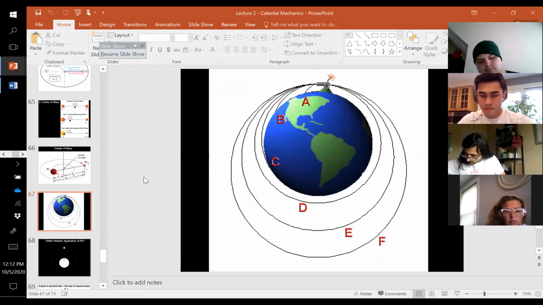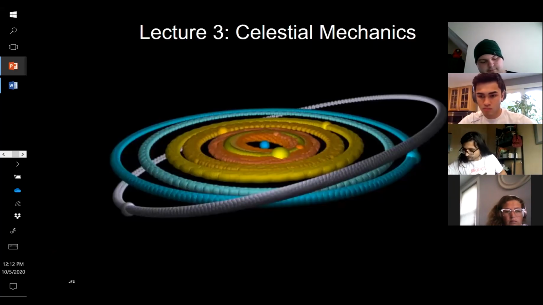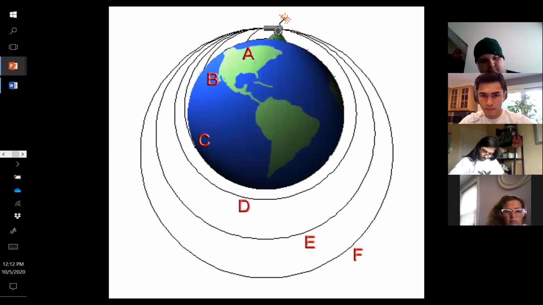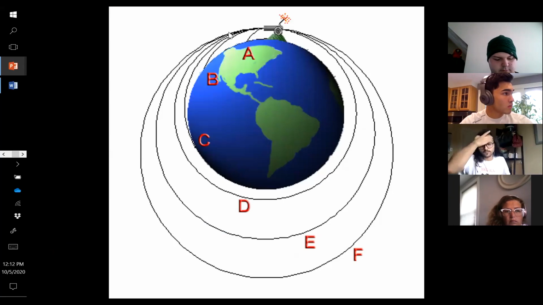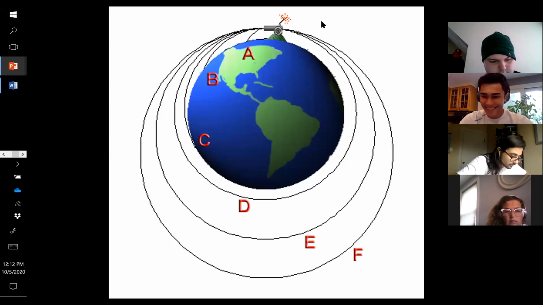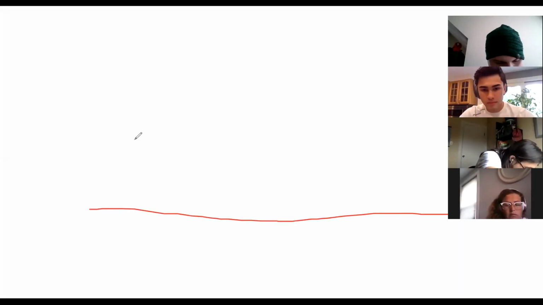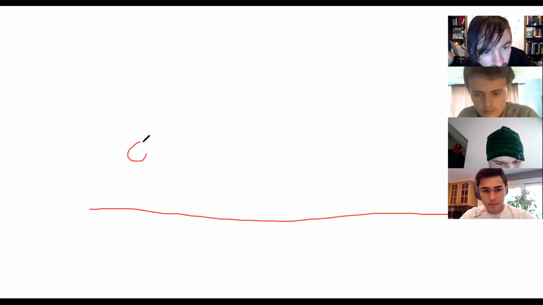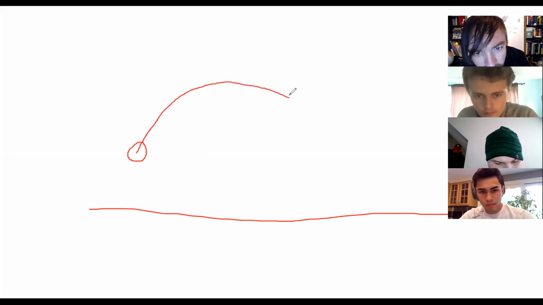As you guys know, Newton developed 3 laws of motion, which would tell people how particles move when subjected to forces. And one of the things we discovered is that you guys might know this just from kind of living life or playing sports. Let me share screen and go to your whiteboard. If you throw a ball through the air, the motion that the ball travels on is usually a parabola.